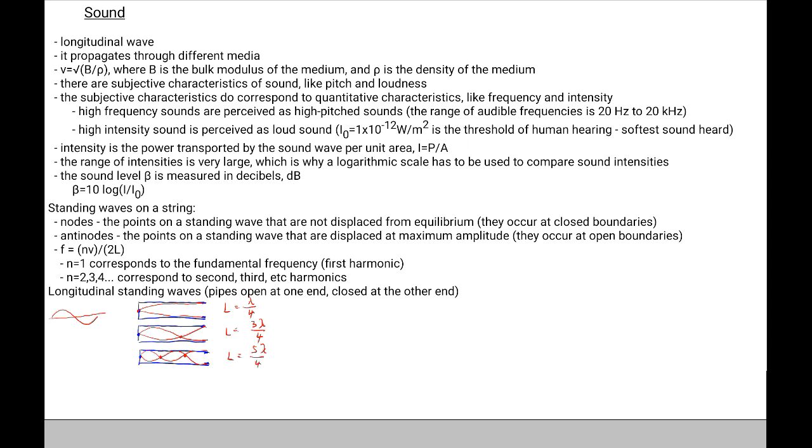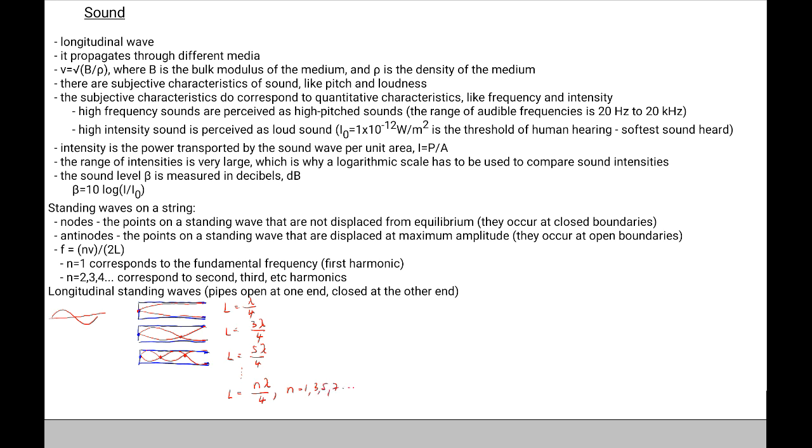So if we kept going, we would end up with L equals, so here we have 1 lambda, 3 lambda, 5 lambda, all divided by 4. So this will be n lambda over 4, but n is 1, 3, 5, 7, and so on.